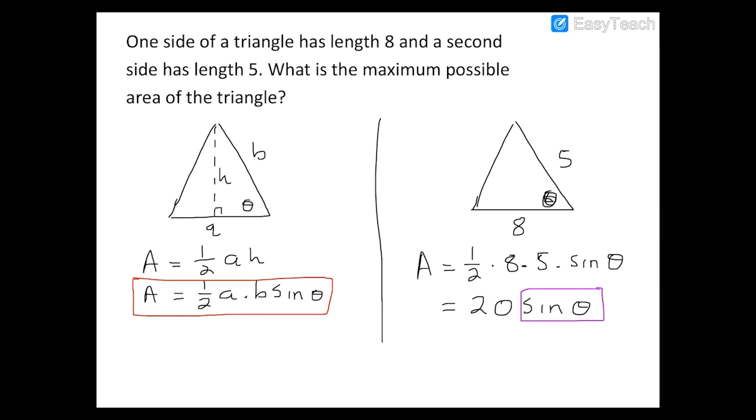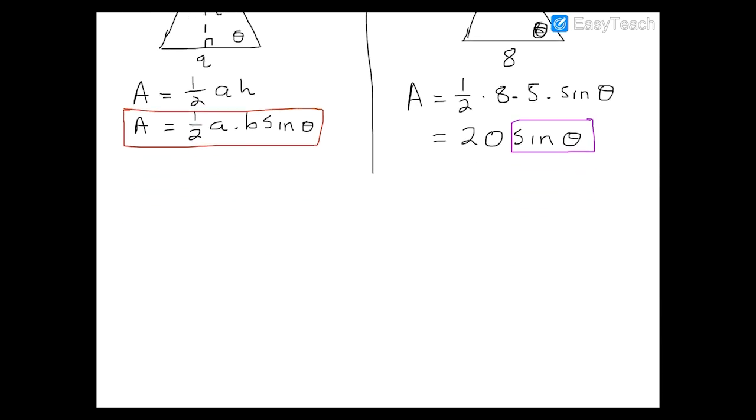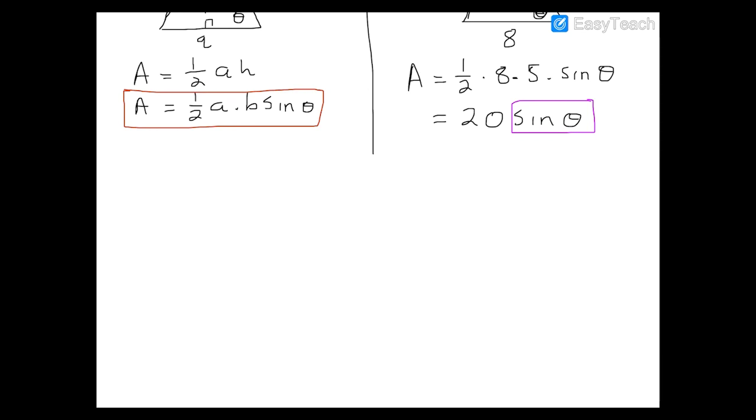If you remember the sine graph, which looks something like that, from the sine graph we have a maximum here. And what will be theta when we have the maximum of sine of an angle? Theta here must be 90. If theta is 90, then sine theta is at a maximum.